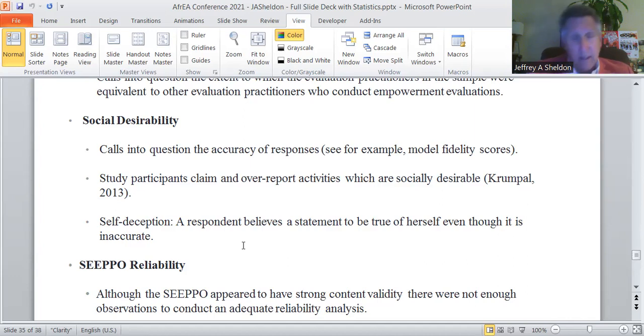So if you're being asked to report on the empowerment evaluations that you're conducting, and this is a study about empowerment evaluation and the results thereof, or purported results thereof, well, then you're likely to want to report that you're doing empowerment evaluation the way it's supposed to be done.